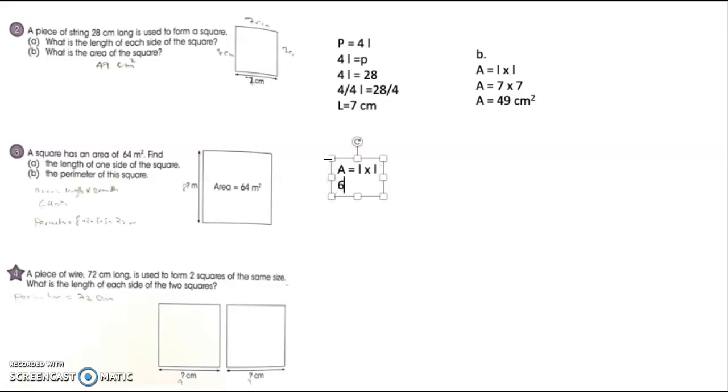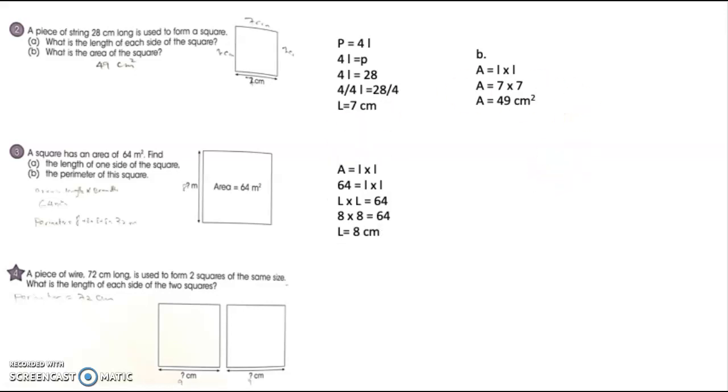So area 64 is equal to L times L. Now I will twist it as usual, because it will be easy for you if you bring it this way. Now L, which is 64? If you know the 8 times table, 8 times 8 is 64. So 1L is equal to 8 centimeter.